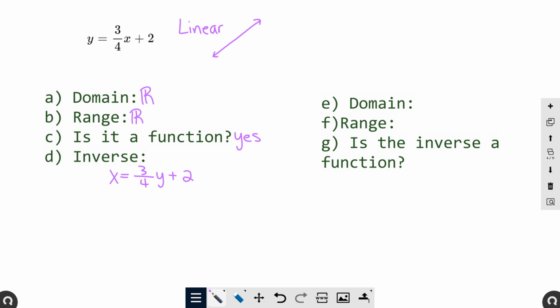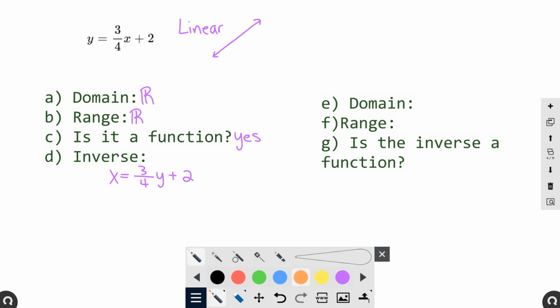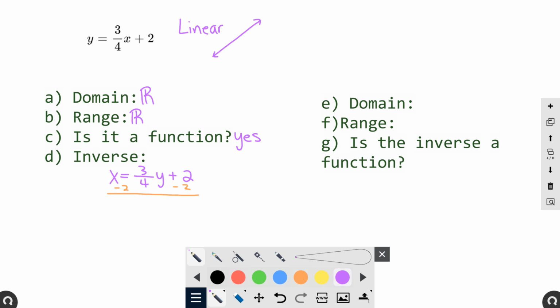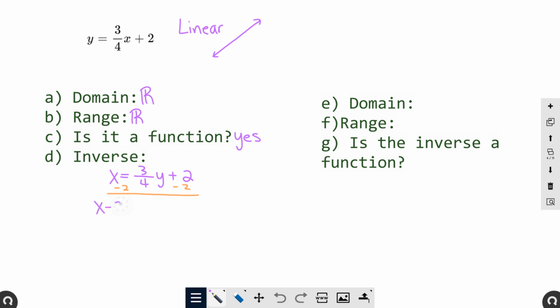Okay, what would you do to get y by itself? Subtract 2. Now keep it how it looks. So over here it's going to be x minus 2 equals 3/4 y. Okay? Now we want to get rid of that fraction. You can get rid of your fraction in 2 steps instead of doing 1 step, which probably is going to be easier for us.